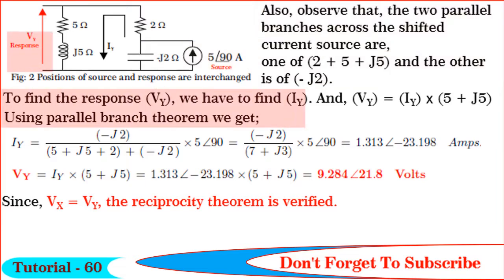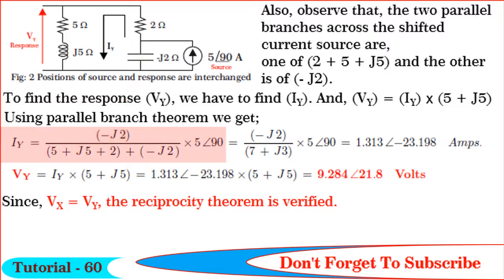To find the response Vy, we have to find Iy, and Vy is equal to Iy into 5 plus J5. Hence, using parallel branch theorem, Iy is equal to minus J2 divided by 5 plus J5 plus 2 plus minus J2 into 5 angle 90.